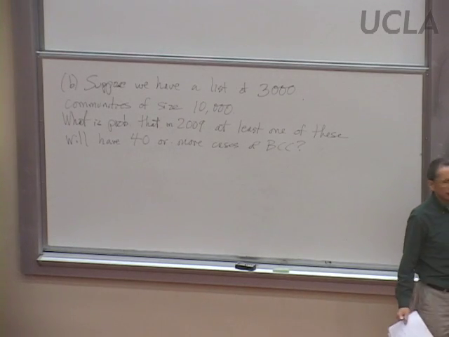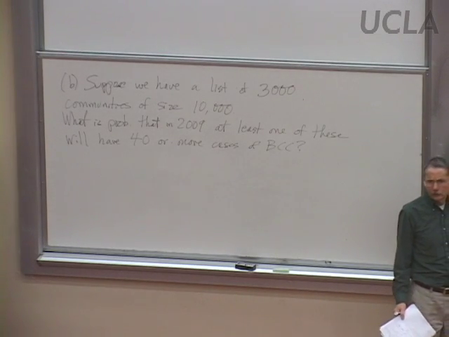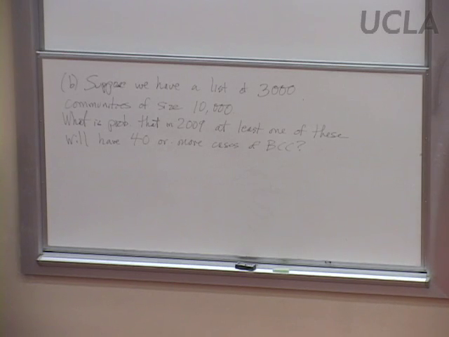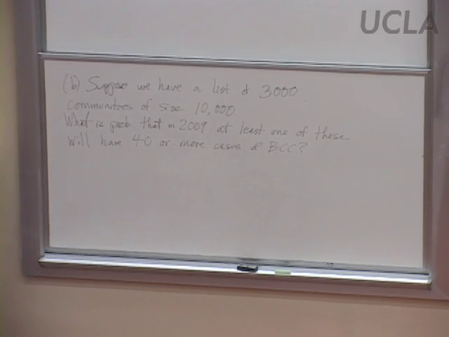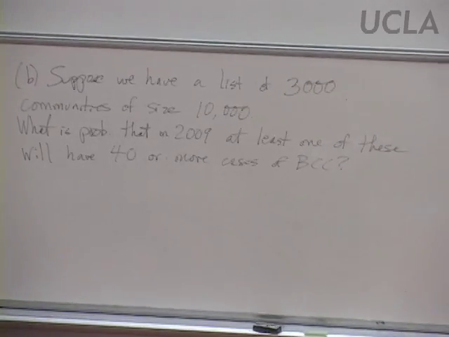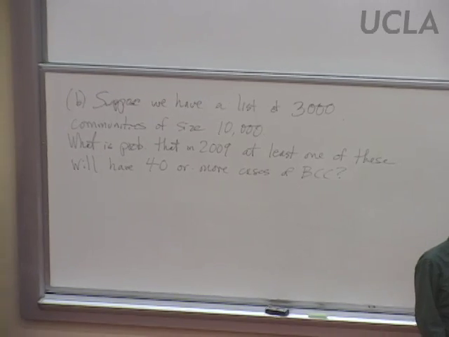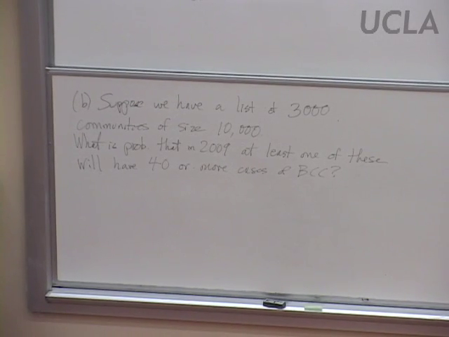For any one community, we took Westwood, we called it Westwood, but it would be the same for any community of population 10,000. Chances of getting 40 cases was pretty small. 1/5 of 1%. But if we take a whole bunch of communities, now what?